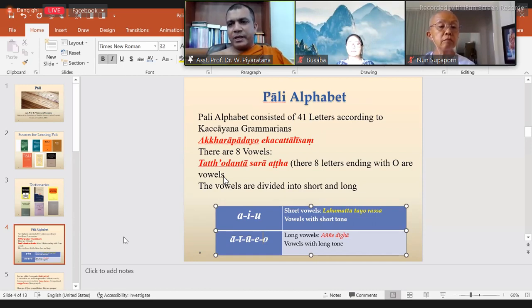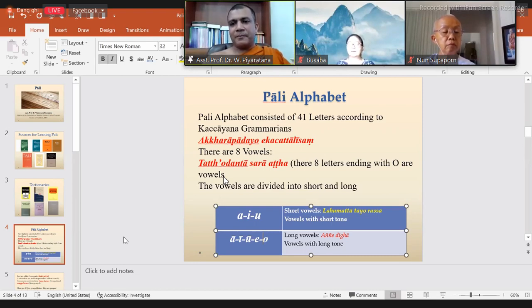So here, evaṃ me sutaṃ ekaṃ samayaṃ, ending in O. Wherever you see E and O, you have to pronounce them as long vowels.